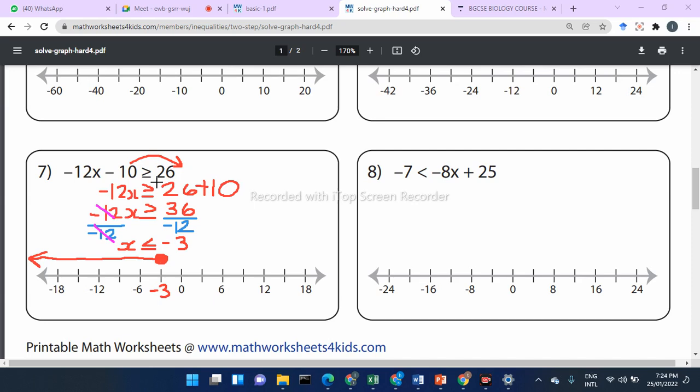Questions, please? If you have any, let me know. When do you flip the sign? When you're dividing both sides by a negative number. Okay. Why?